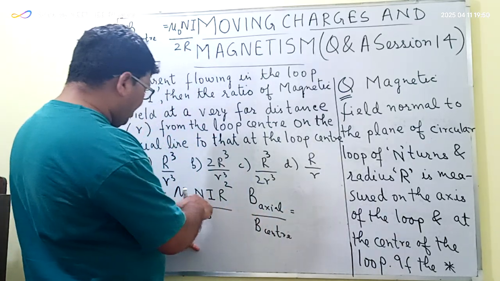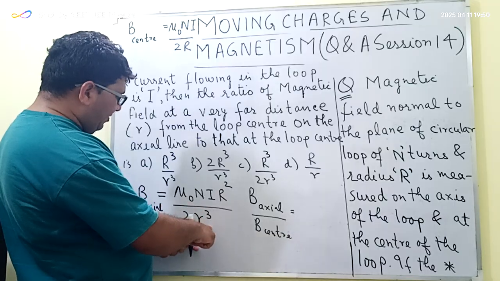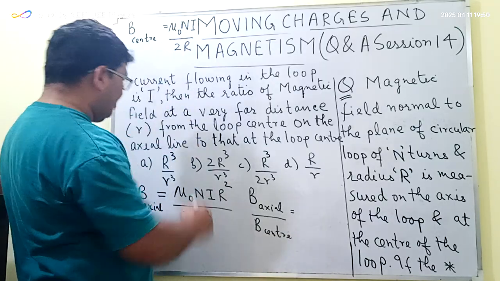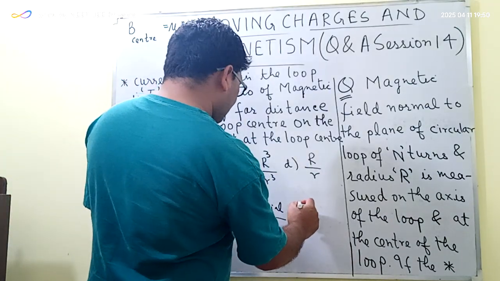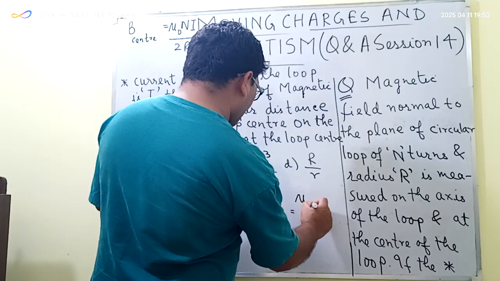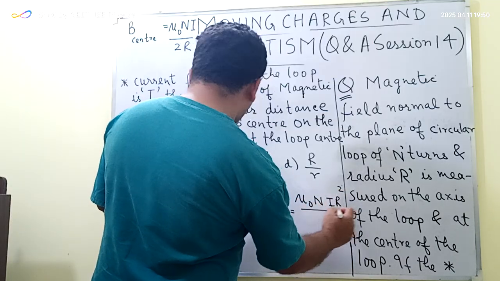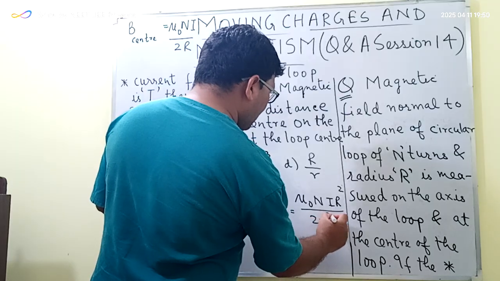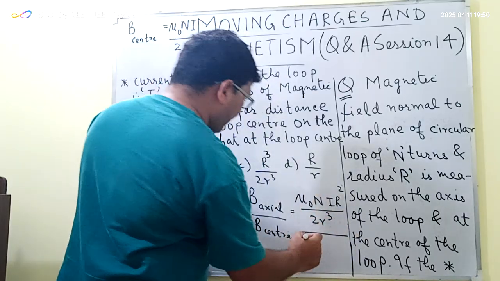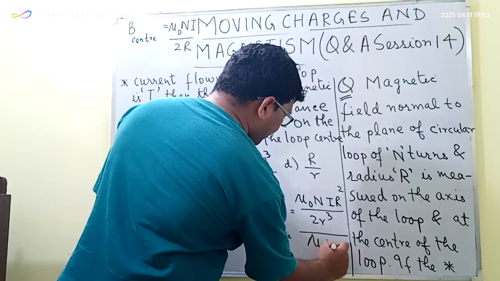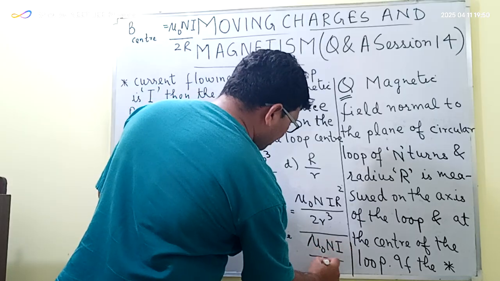So this is equal to mu naught N I R square divided by 2 r cube, divided by mu naught N I upon 2R.